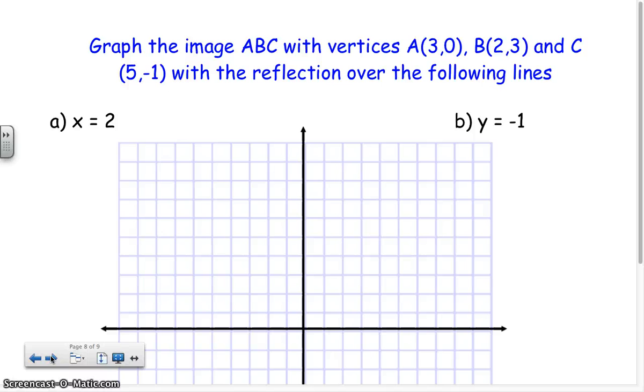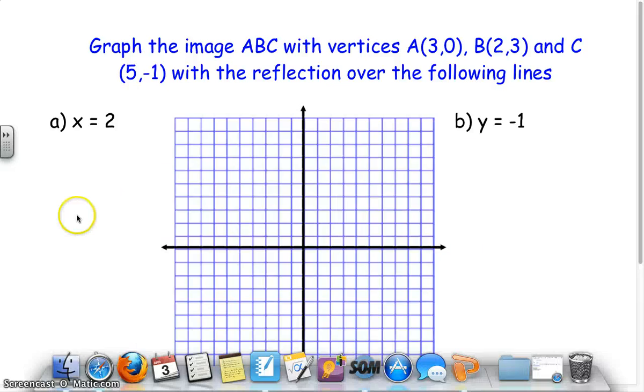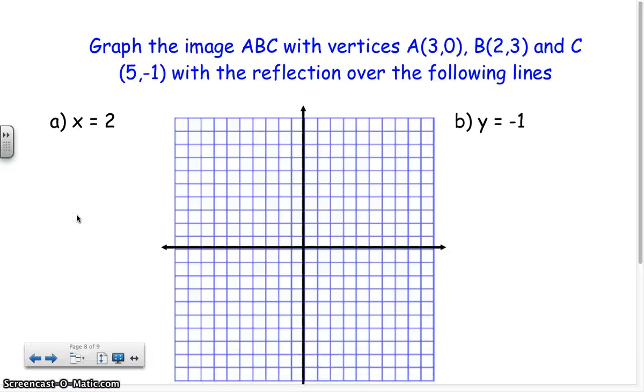All right, I am going to graph this image. It looks like it is a triangle again, ABC, and I'm going to have a reflection over the following lines. Let me just modify my graph here. All right, so I'm going to go ahead and plot my points. My A vertex is at (3, 0), so x is 3, y is 0, that's that.